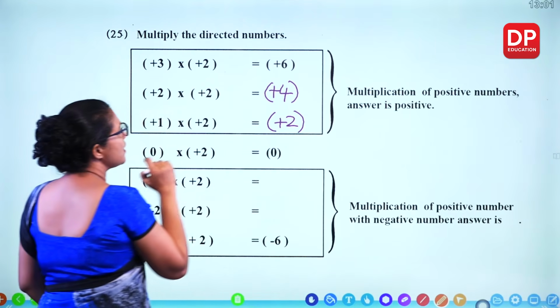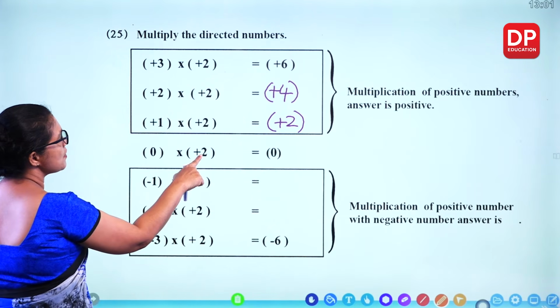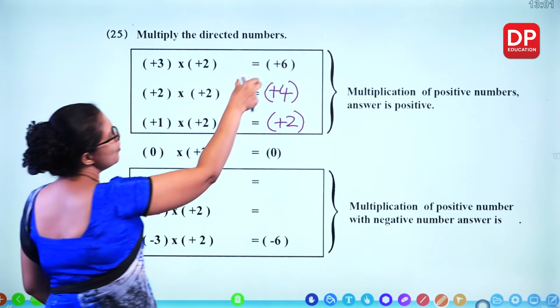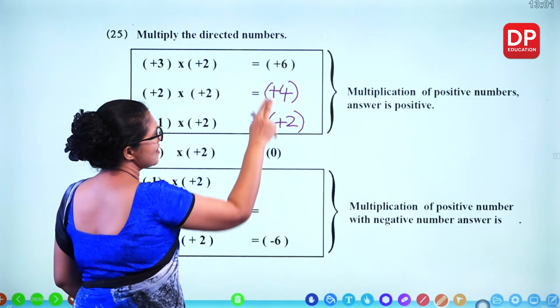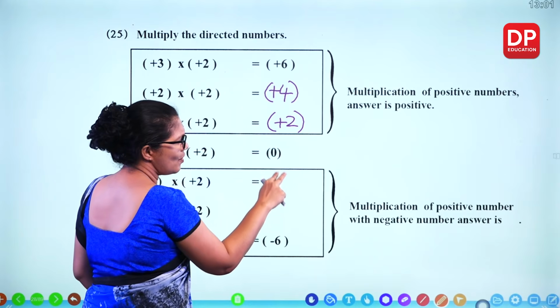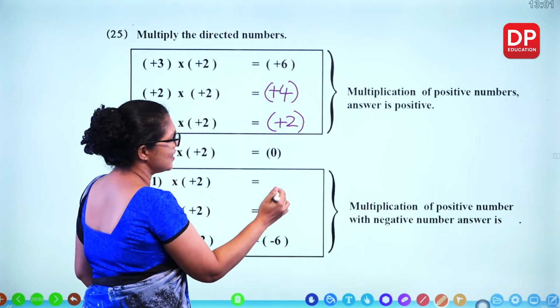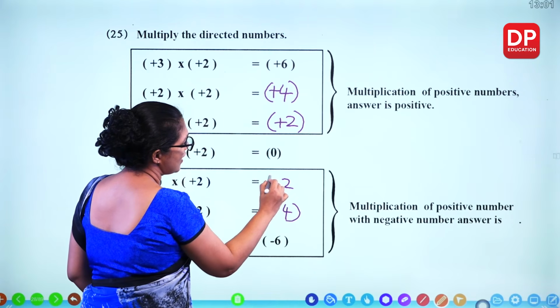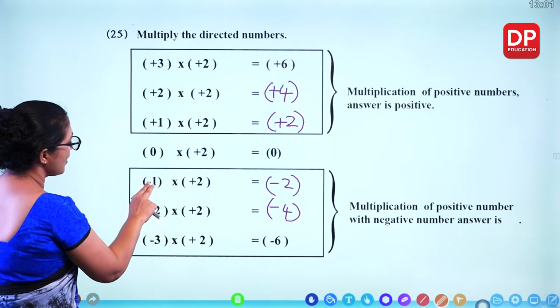Same sign, you get plus. 0 times plus 2, you get 0. So when you look at this side, you see a pattern. 6, 4, 2, 0. What are these numbers? -2, -4 and -6. We'll check whether it's true.